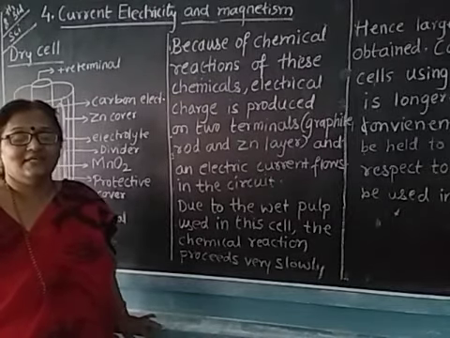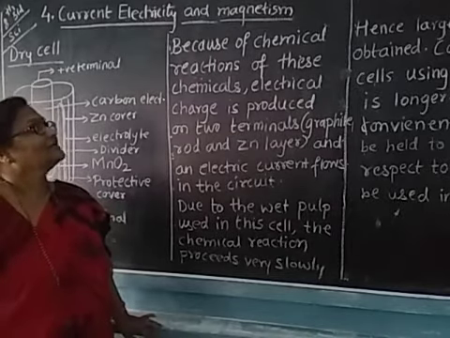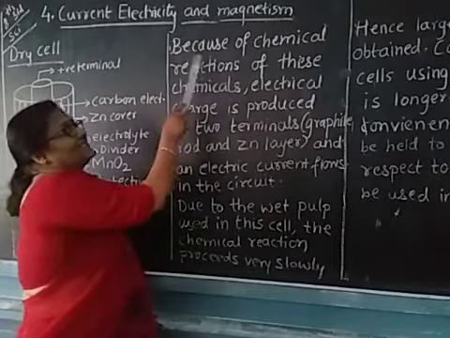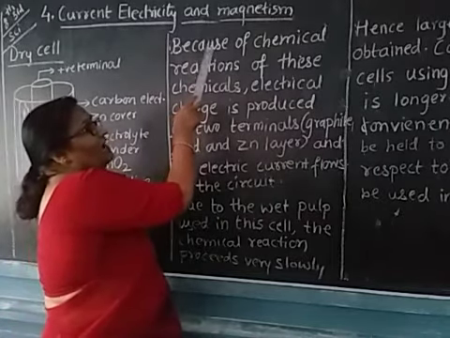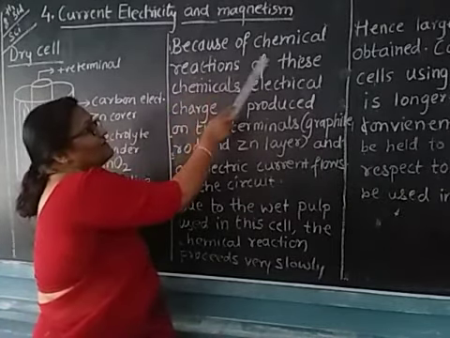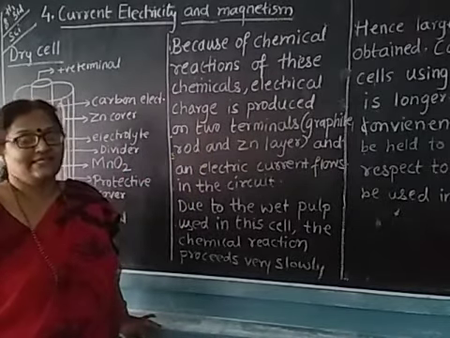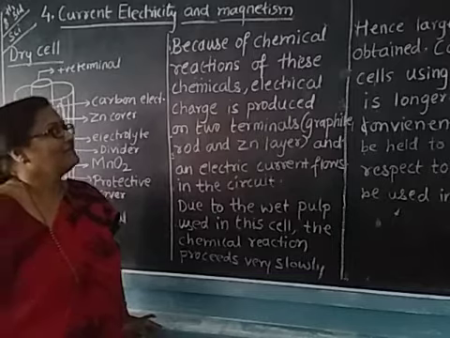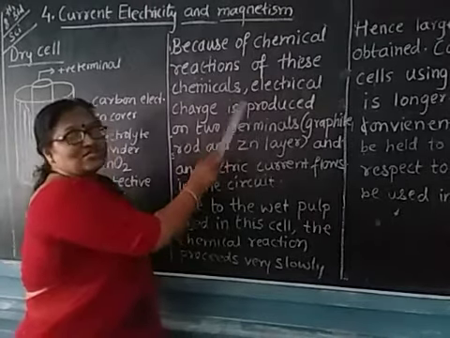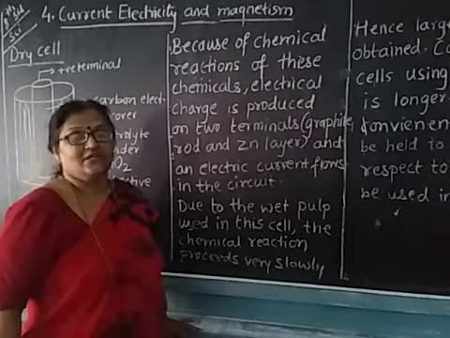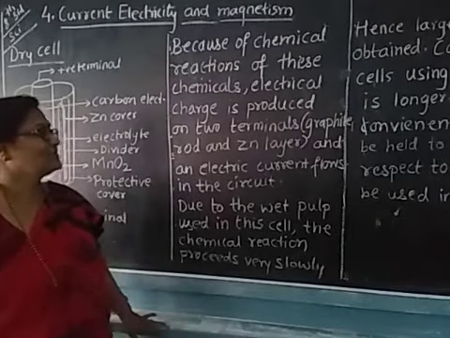Whenever there are many chemicals inside the cell, a chemical reaction goes on there. So the chemicals present inside undergo a chemical reaction, and electrical charge is produced due to that.